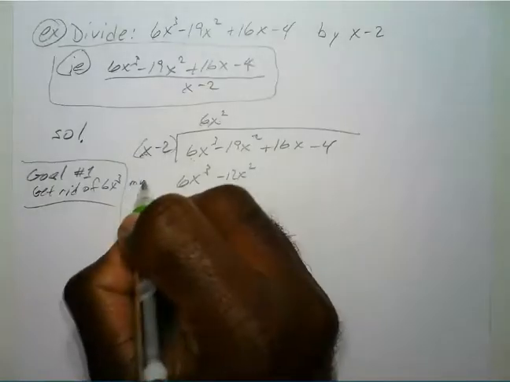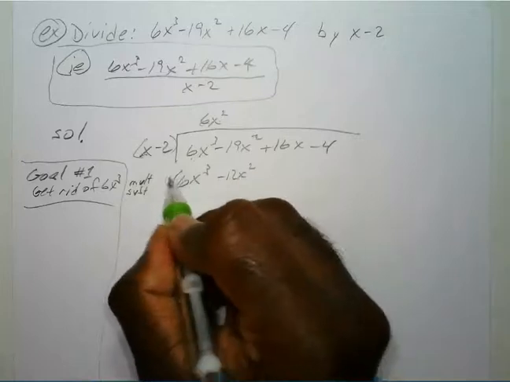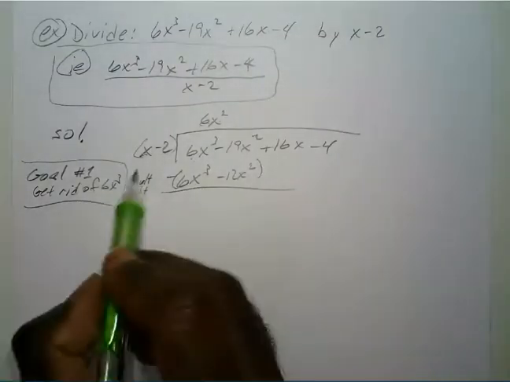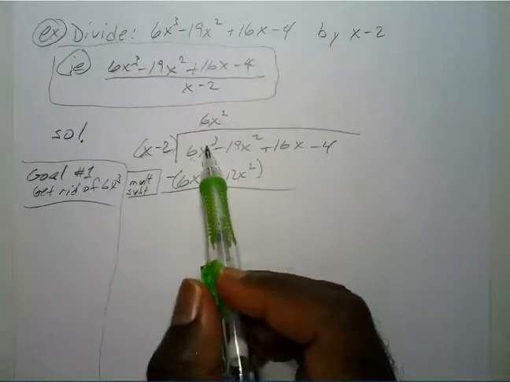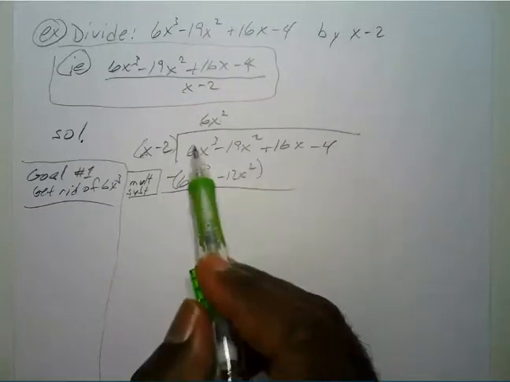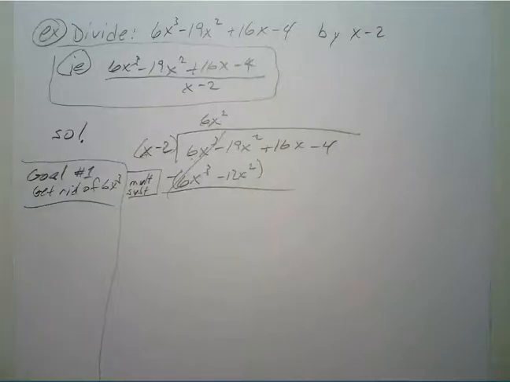Okay, so we multiply, then we subtract, just like the basic long division before. Okay, so 6x to the third minus, because remember you're going to distribute that negative. So 6x to the third minus 6x to the third is 0. So we got rid of that, which was our goal.